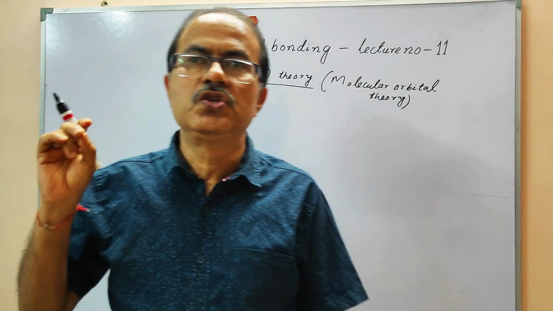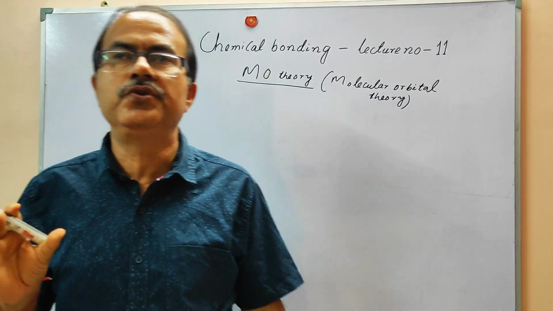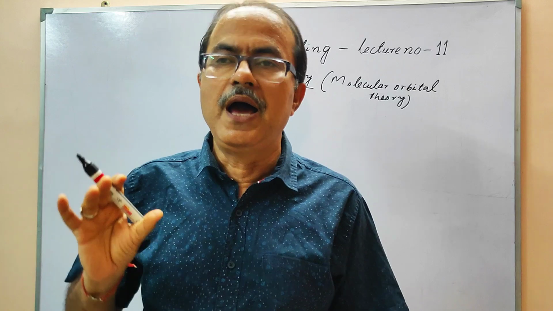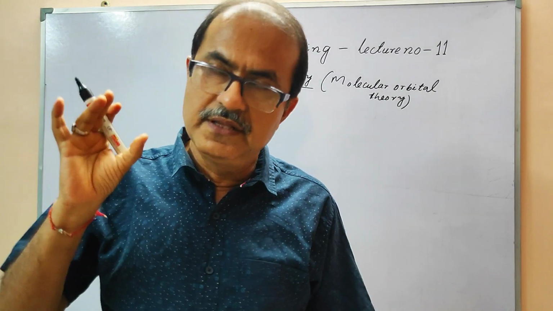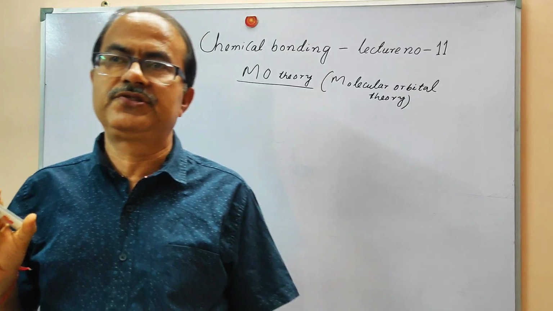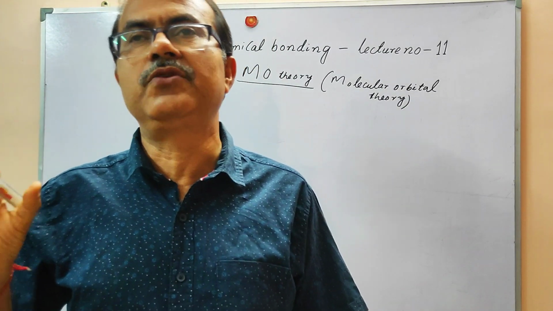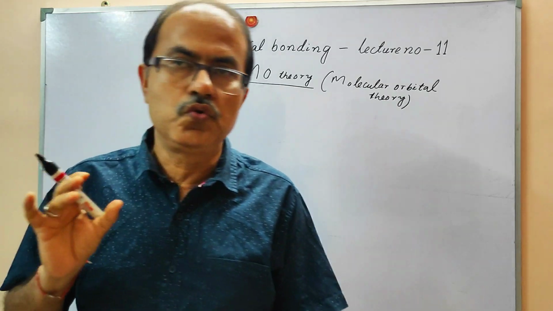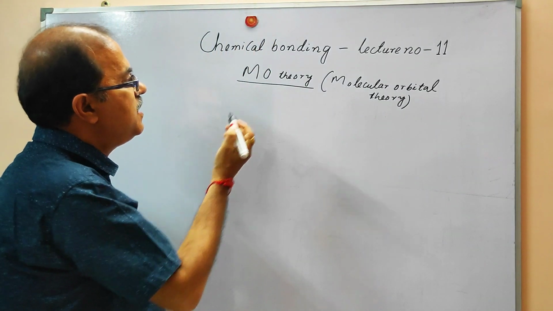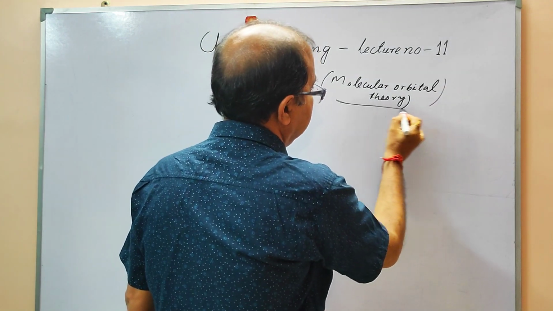The two scientists developed this very important theory, and in this lecture we are going to discuss the main points and related things as per your syllabus. So today's lecture is regarding the MO theory, molecular orbital theory.